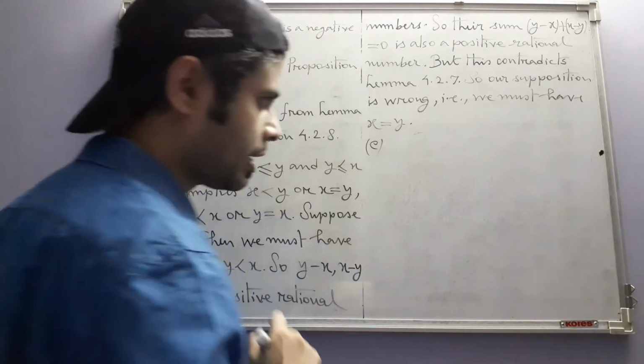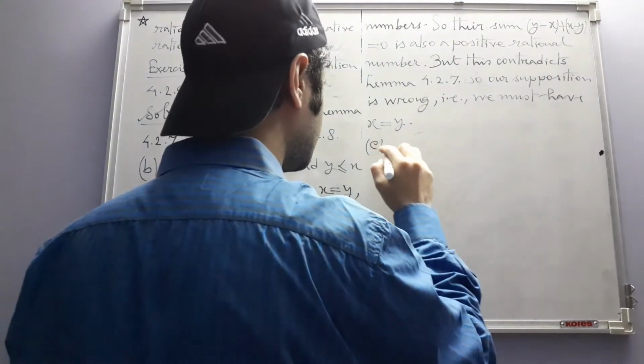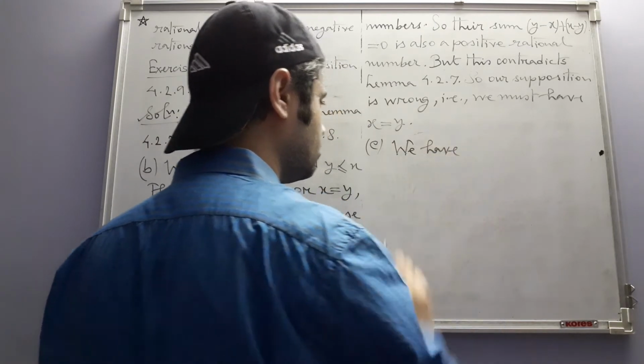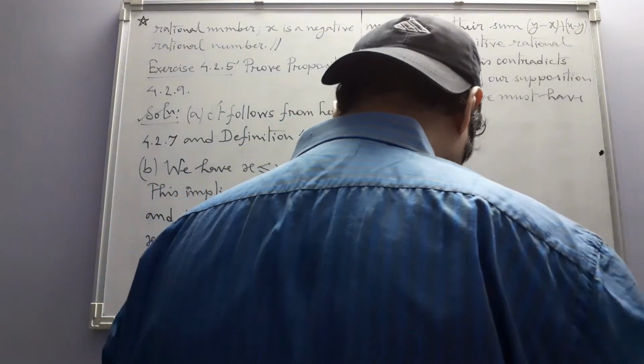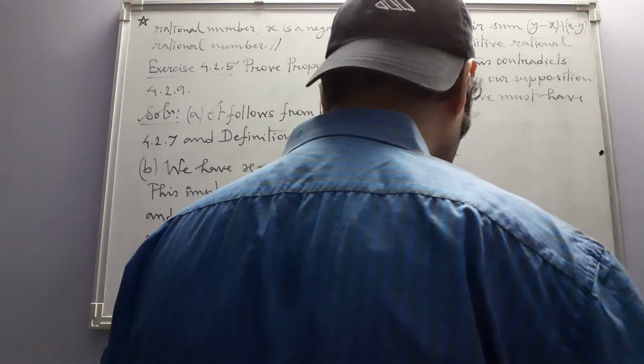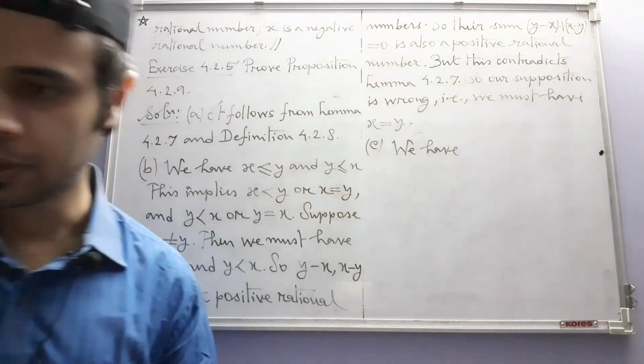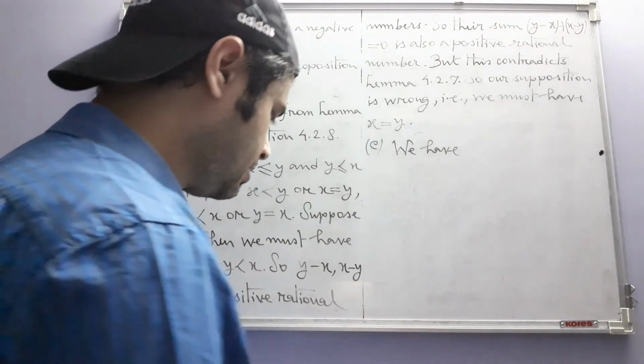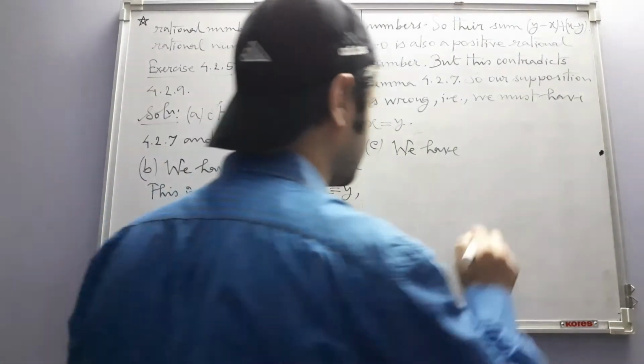Part C is transitivity. So here we have, the exact thing is given in the statement. No, so I should not write something which is not there. X is less than y and y is less than z.